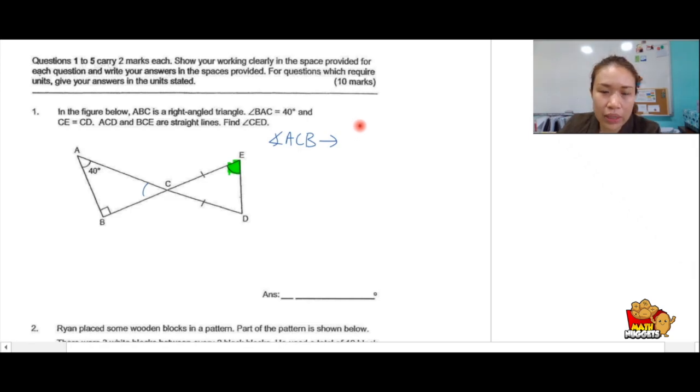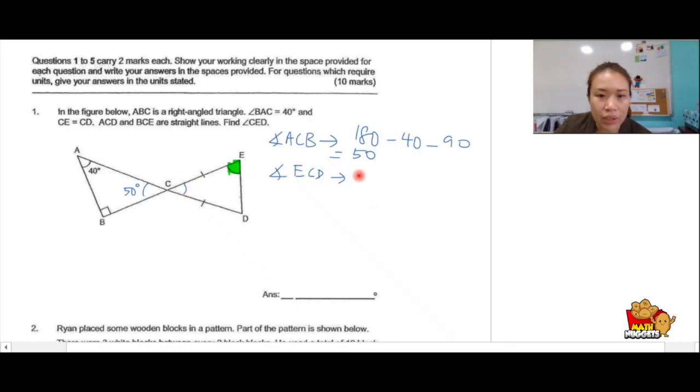Angle ACB would be angles in the triangle, 180 minus 40 minus 90. So that's 50. So this is 50 degrees here. So this will tell us that angle ECD is also 50 degrees.